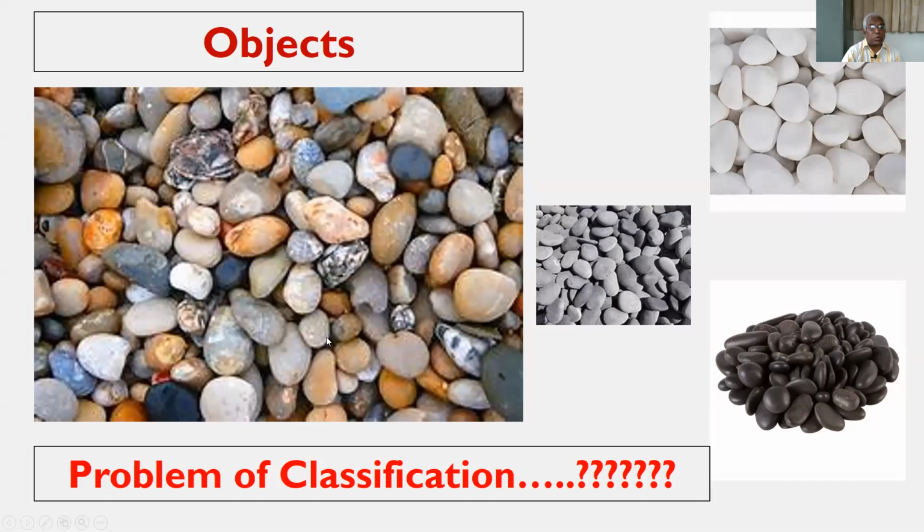Now, if you see these group of objects, you will find that they have different colors. Their sizes are different. That means their characteristics are different, their properties are different. So you can see a very large volume of objects with different properties, and then it is very difficult to study.